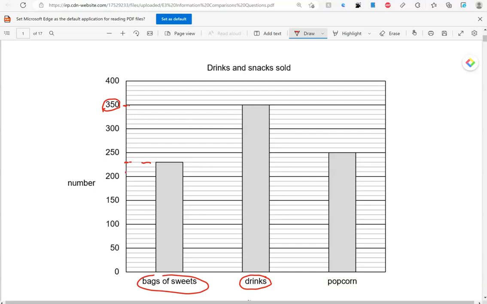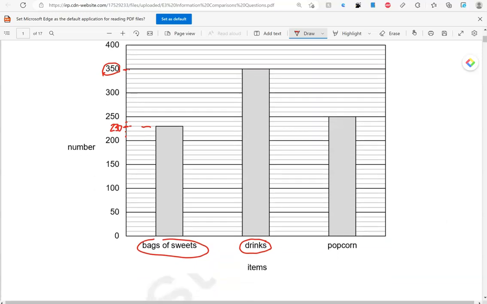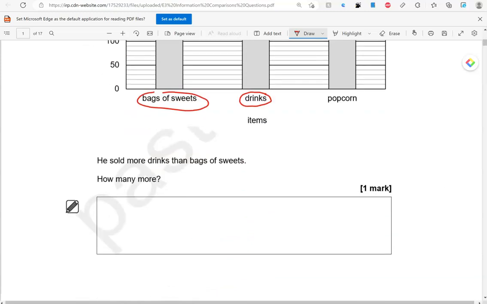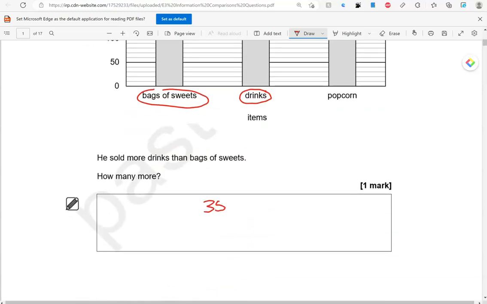So this is 210, 220, 230, 240, 250. So 230. So to work out how many more, we're going to do 350 take away 230. Zero take away 0 is 0, 5 take away 3 is 2, 3 take away 2 is 1. So 120 more.